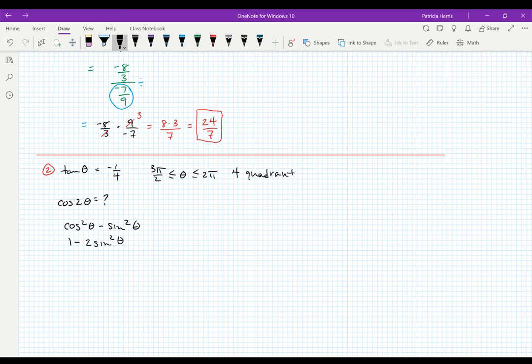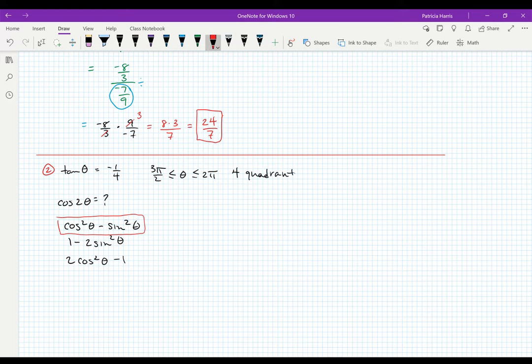Okay. Or we can use this one. Okay. Now, believe it or not, I'm actually going to go ahead and use this one because I know that if I use that one, I'm not going to have to deal with any common denominators.